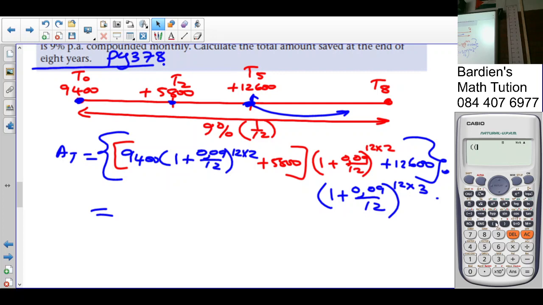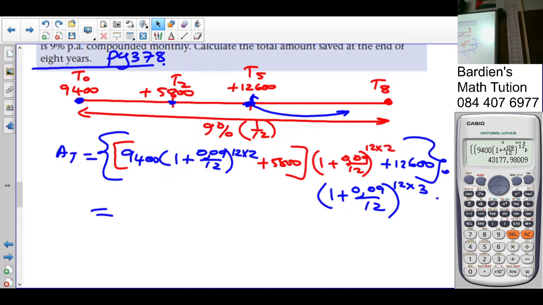So as you can see, it's 2 brackets that were opened here. So 9,400, open brackets, 1 plus 0.09 over 12 to the exponent 12 times 2, plus 5,800, open brackets, close brackets, open brackets, 1 plus 0.09 over 12 to the exponent 12 times 2, plus 12,600, and that bracket is being multiplied by 1 plus 0.09 over 12 to the exponent 12 times 3.